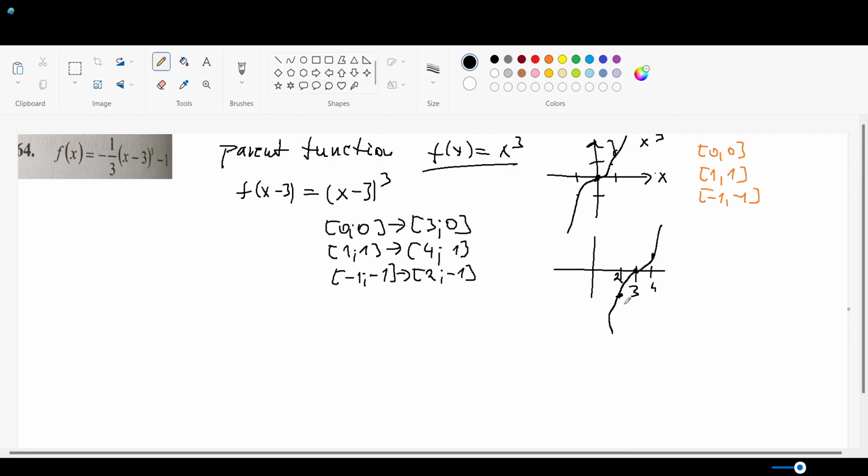I'm sorry, this is not a very nice curve, but it would be something like this. So this is the graph of this function.